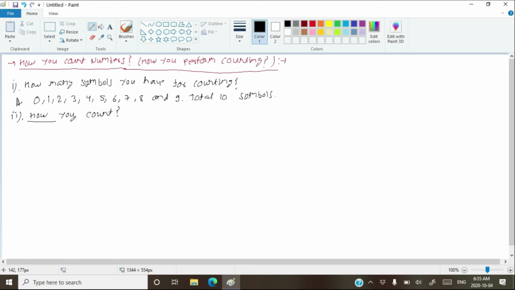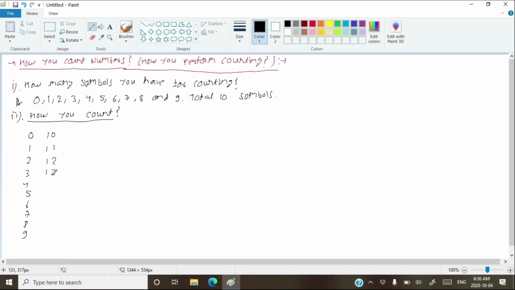Now listen to me carefully. You start counting with 0 and you write all the symbols: 5, 6, 7, 8 and 9. Then when you finish all the symbols, you start repeating the symbols like this: 10, 11, 12.